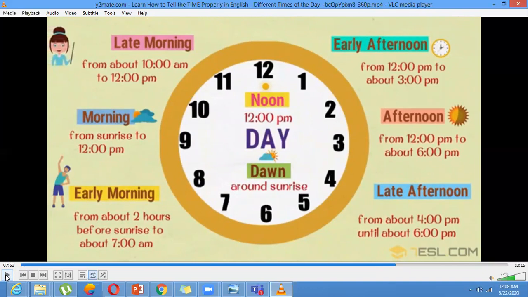Morning is from sunrise to 12 p.m. The late morning starts from 10 a.m. to 12 p.m. Early afternoon is the time between 12 to 3 p.m. Afternoon is from 12 till 6 o'clock, and late afternoon starts from 4 p.m. until about 6 p.m.